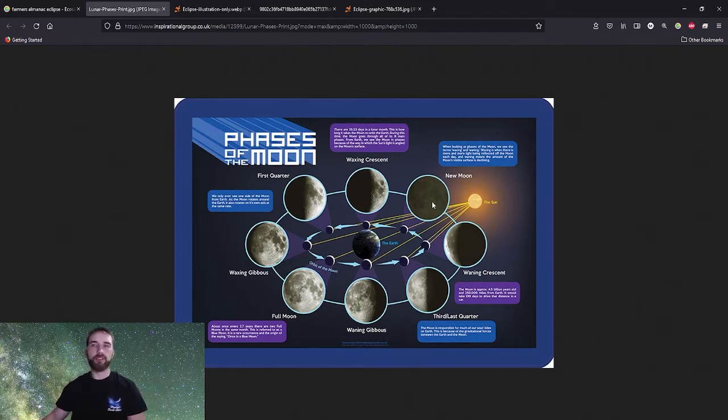So what happens in a 28-day lunar cycle when the moon is between the sun and the earth? We call that a new moon because we can't see it. There's no reflection that is shown to us on the night side of the earth, which is here.